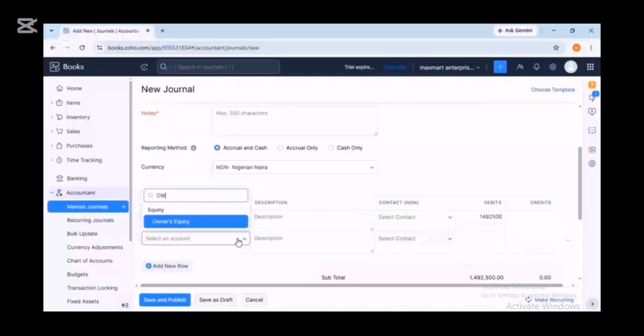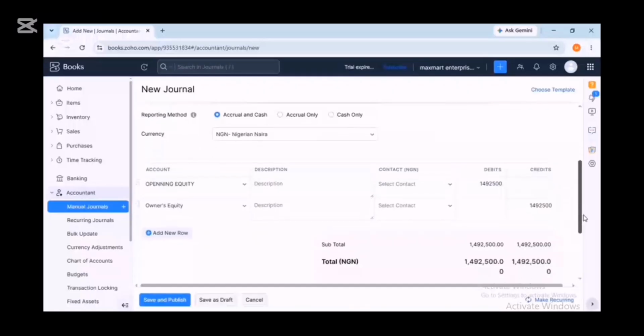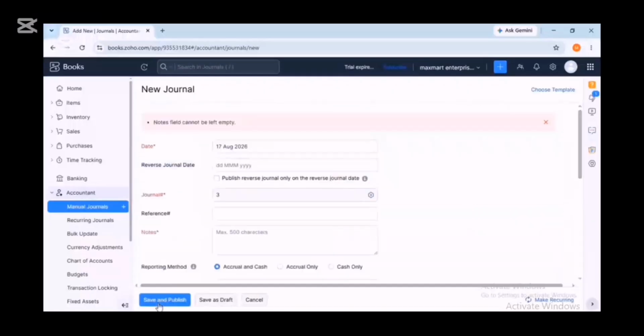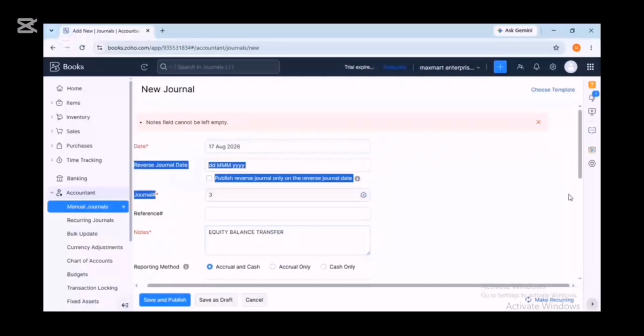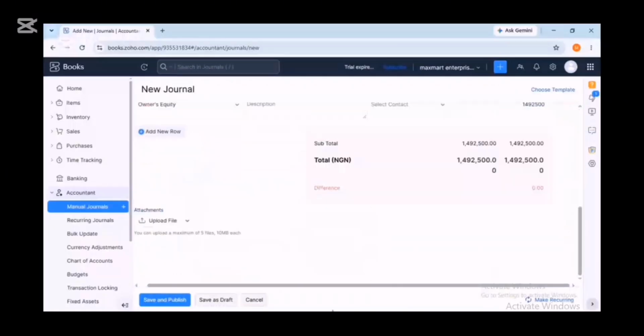So let's select the account owner's equity. So we are just making a transfer, though they are the same classes of account, but for the fact that we had it initially due to the opening balances, so let's put it in a proper place. Right, it's balanced, so let's save up. Okay, let's put narration. Exactly, equity balance transfer. That's that. So let's save up and publish.